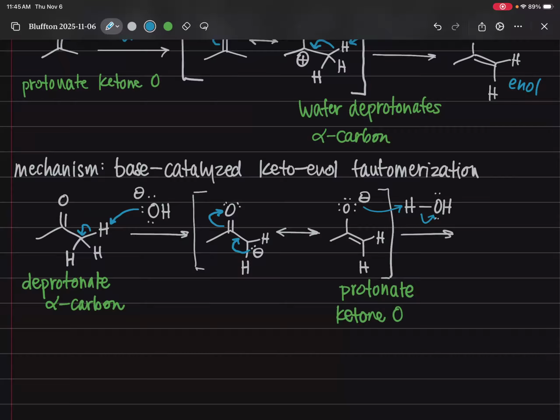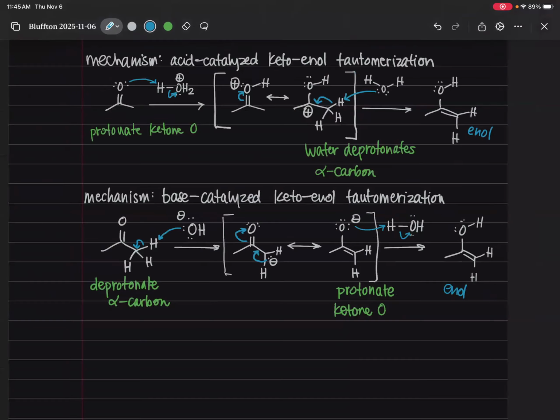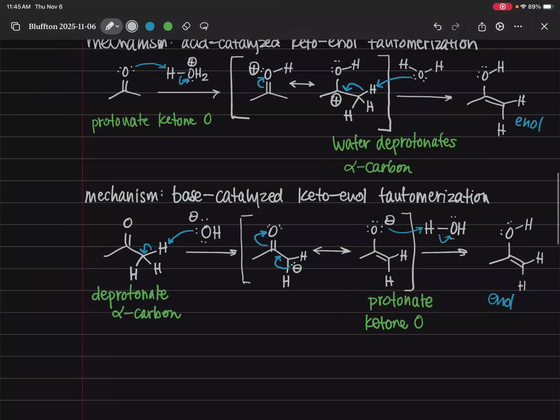We protonate using that hydrogen from the water. And there we have our enol. So same starting material, acetone, acetone. I've just drawn out the hydrogens explicitly. And same product, enol and enol.